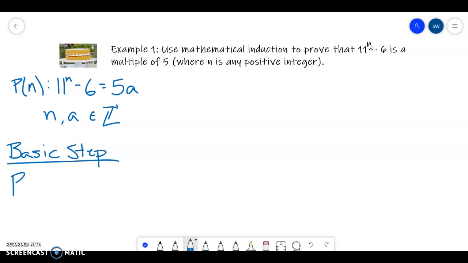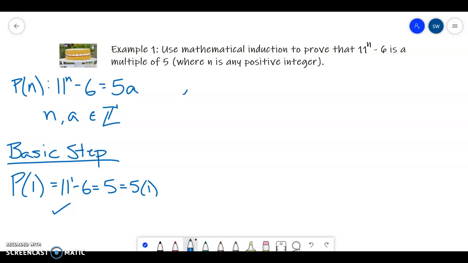Okay, so we start with the basic step, step 1. We need to show that P(1) is indeed true. In this case, the left side of P(1) is 11 to the first minus 6, which equals 5, which equals 5 times 1. So check, we have shown that the first case is true. Obviously, you wouldn't want to do proof by induction if the very first case doesn't work, so that's why it's the first step.